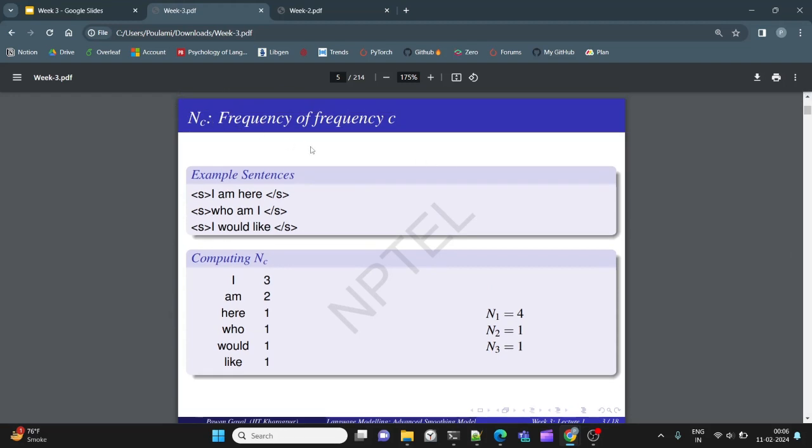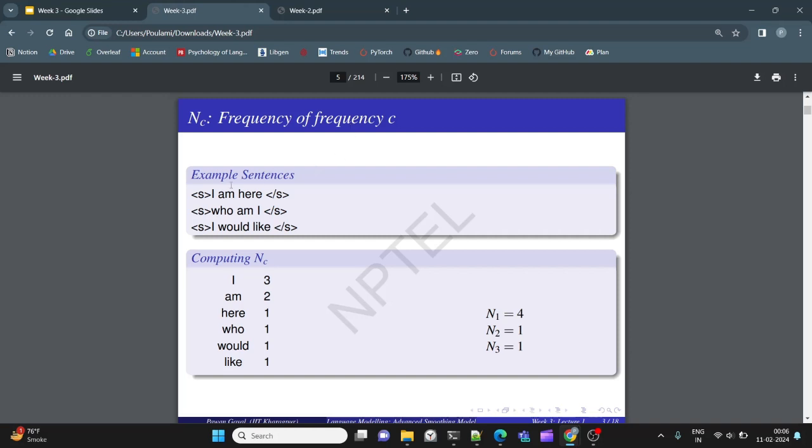Nc is the frequency of frequency c, which means how many words are there which are occurring with frequency c. That is what it means.